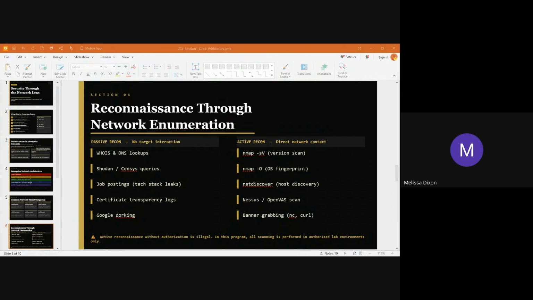We have job postings. A company hiring for, let's say, Palo Alto Networks engineers has just told you what firewall they use, right? AWS Lambda experience tells you their cloud stack. It's basically OSINT, open source recon in a sense.